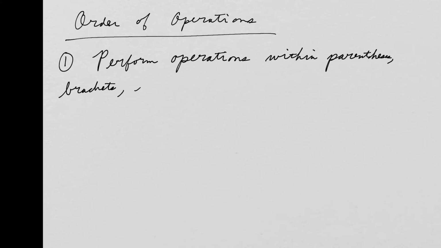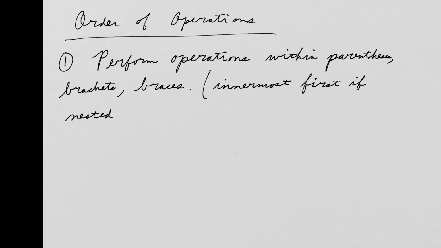And if you have nested parentheses, like parentheses within parentheses, you want to do the innermost first, if nested. All right, so that's the first thing. Parentheses is sort of the key thing.